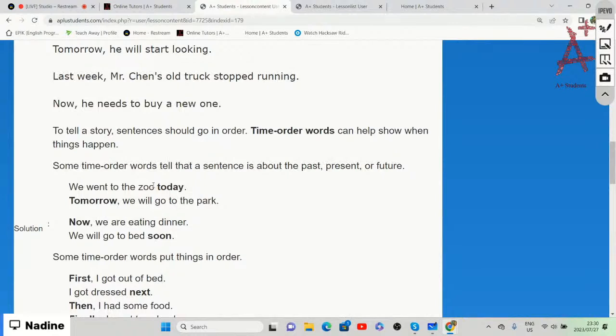There's a certain way that you need to do things. So basically, to tell a story, sentences should go in order. Time order words can help show when things happen. Some time order words tell that a sentence is about the past, the present, or the future.